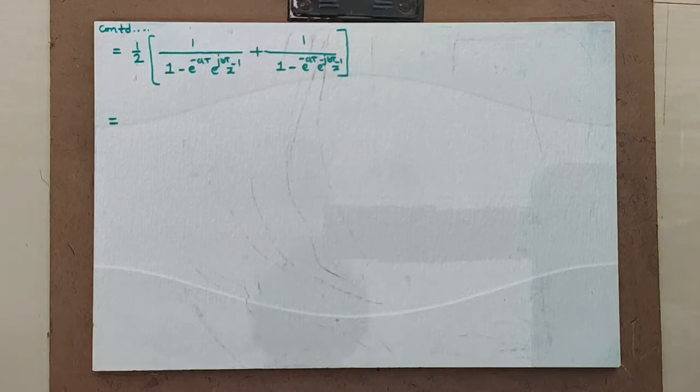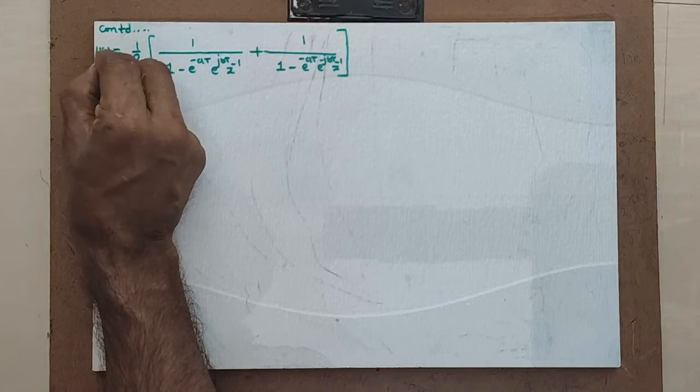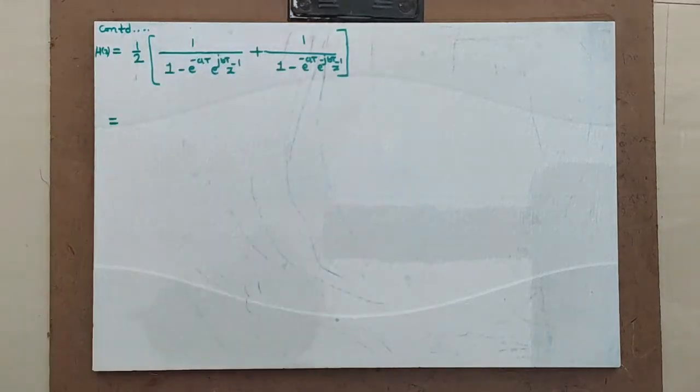Continuing from the previous board, where the last equation for h of z was half times this.